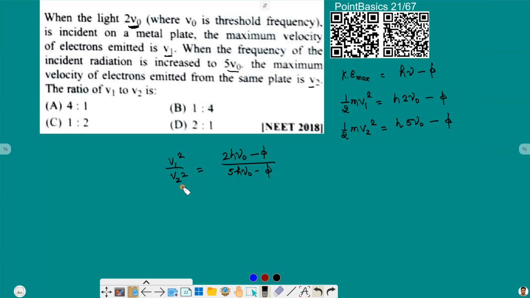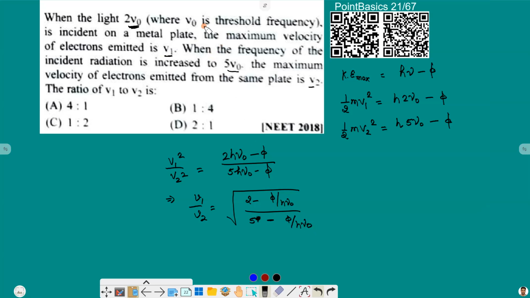Now this can be further solved as V1 by V2 will be equal to under root of, and let's cancel out h nu naught by taking it common. So we will get 2 minus phi by h nu naught divided by 5 minus phi by h nu naught.